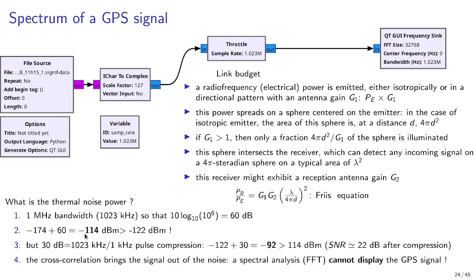We hence see that GPS at minus 122 is 10 dB below the thermal noise of minus 111 dBm. So, hence, the GPS signal cannot be detected on a spectrum analyzer other than a slight disturbance over the spectrum of the noise.